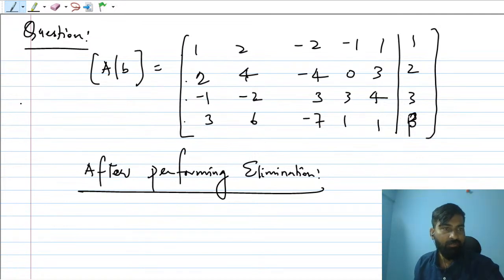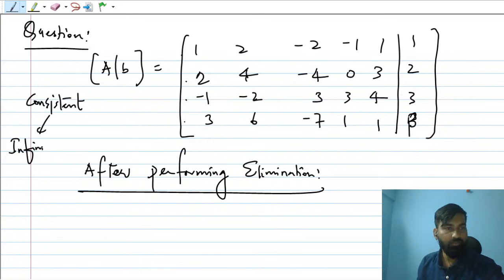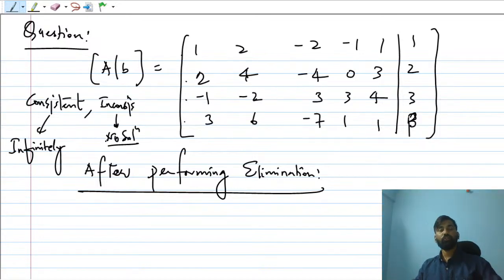So in this case, if the system is consistent, then you will get infinitely many. If it is inconsistent, then no solution. By looking at the system of linear equations only, you can claim these things.